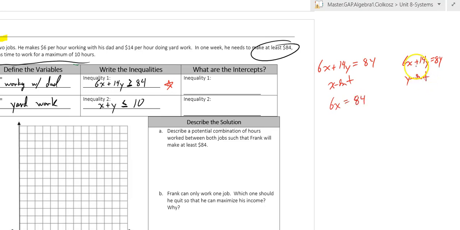For my Y-intercept, I ignore the X. So I get 14Y is equal to 84. Kind of solving both of these here. So here my X-intercept would be 14. And my Y-intercept here would be 6.